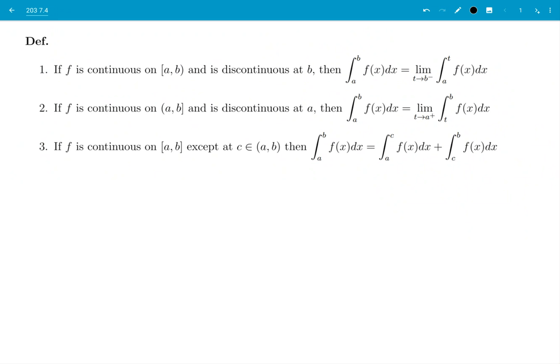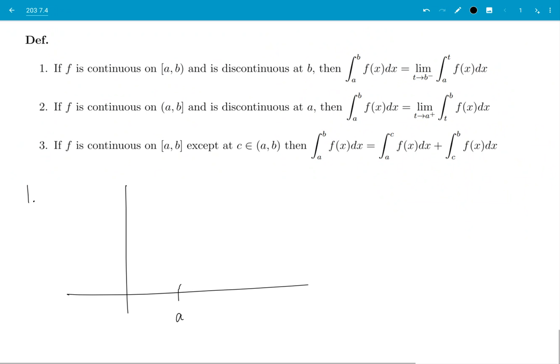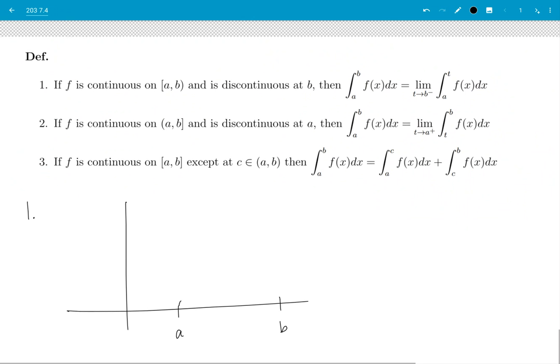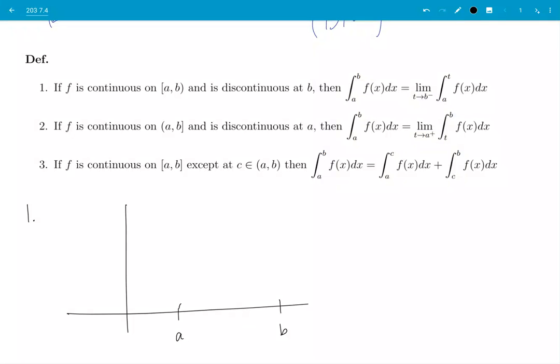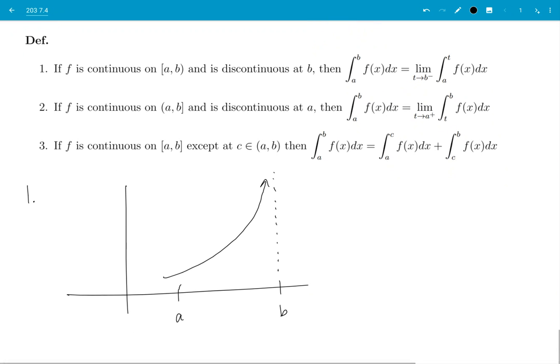So let's draw some pictures to illustrate. So here you have A and B, and the problem in part 1 is at B. So you have usually a vertical asymptote, and you have something like this going on. So what you do is you put a T here and you let it move this way.